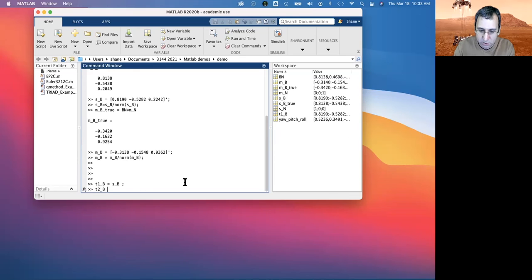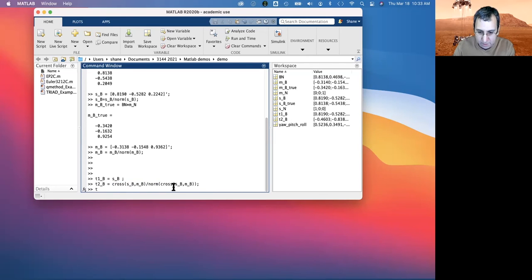T2B: the way that you do cross products in MATLAB is you write the word cross. So this is cross SB, MB, and then we do need to normalize, so the norm of this. And then T3B would be the cross product of T1B and T2B.